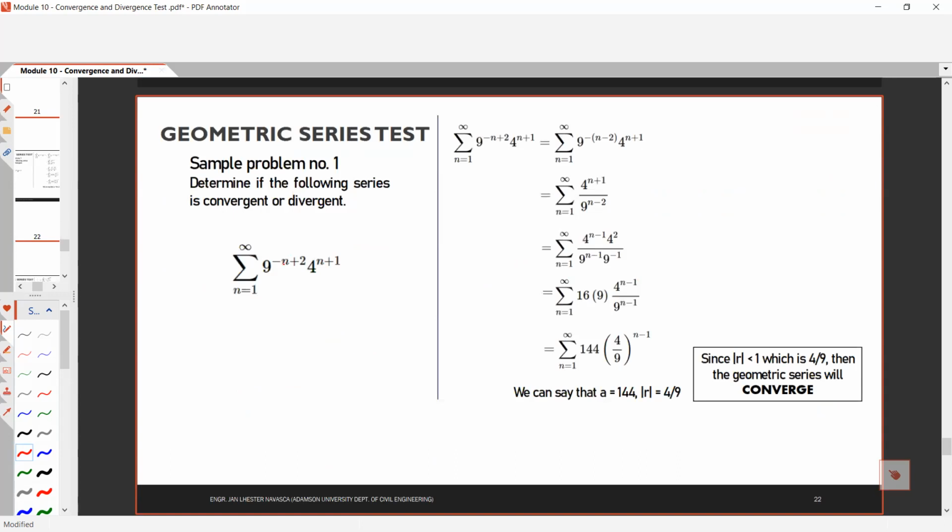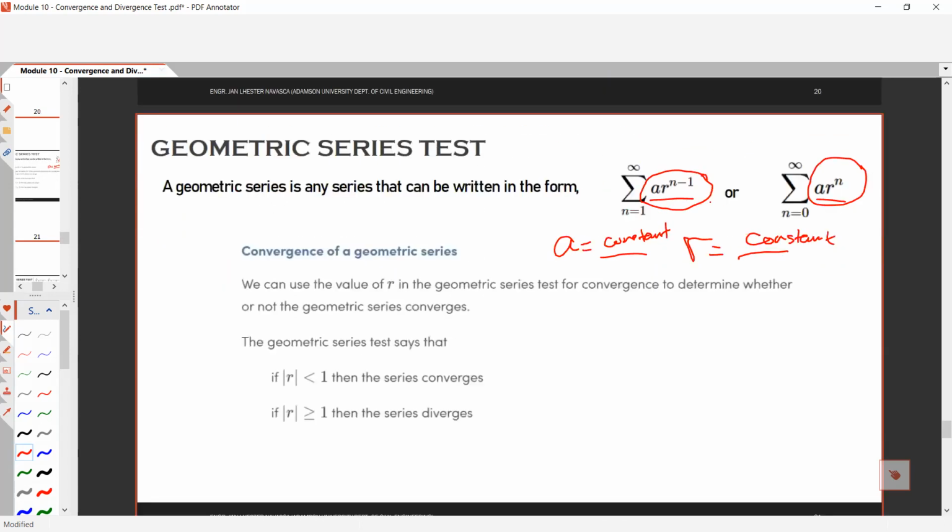So how do we do this? We simplify the series into a times r raised to n minus 1, or a times r raised to n.